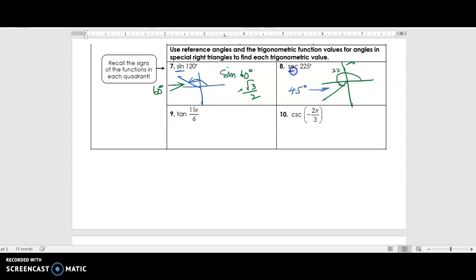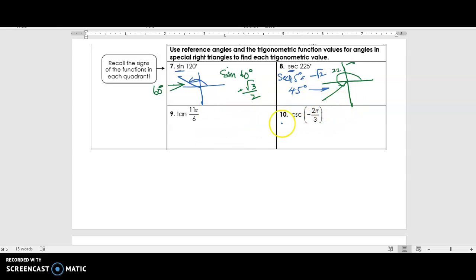Secant and cosine are negative in the third quadrant. Remember from All Students Take Calculus. So the secant is negative here. So secant 45 will be a negative value, and it is negative square root of 2. Okay, so that's how you do that.